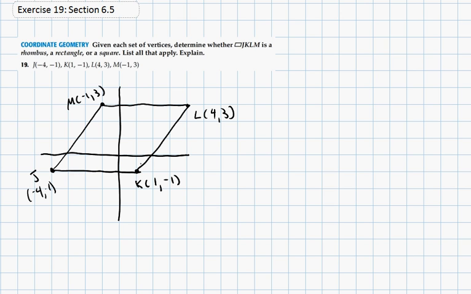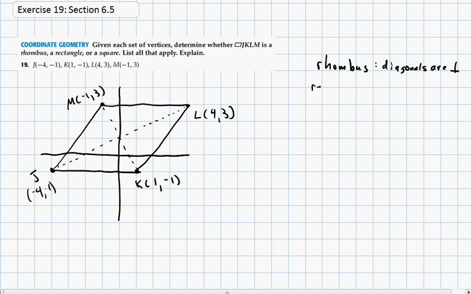The way that I'm going to check this is I'm going to look at the diagonals. In a rhombus, the diagonals are perpendicular.